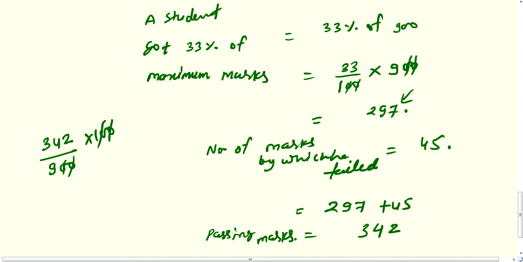Then 9 1s are 9, 9 3s are 27. From there you get 7 remaining, these two will become 72. So 9 8s are 72. So 38% is the answer. Then question number 4 you can solve.